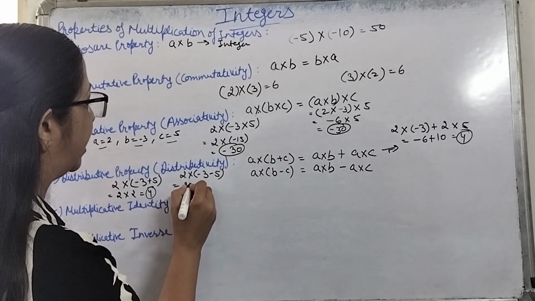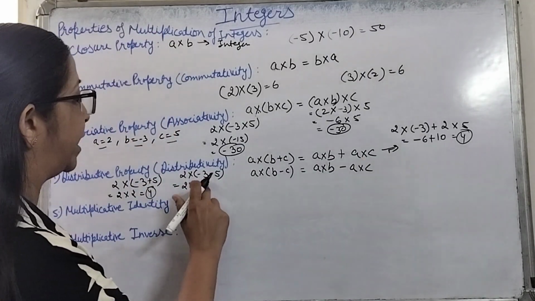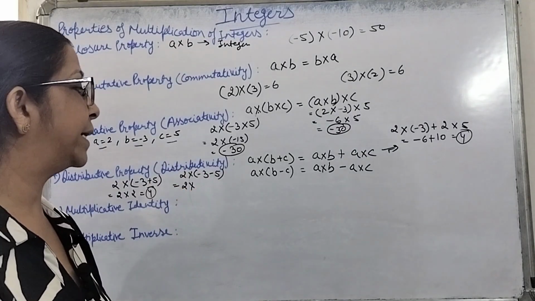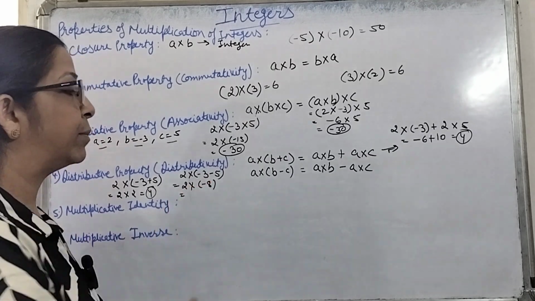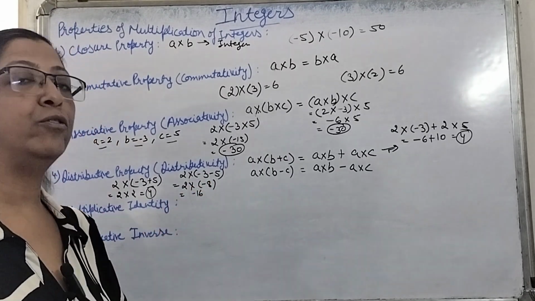So it will be 2 multiplied by minus 3 minus 5, which is minus 8. Both are negative, so we add them and the sign will be negative only. So it will be minus 8, and 2 multiplied by minus 8 will be minus 16. So the LHS part is minus 16.